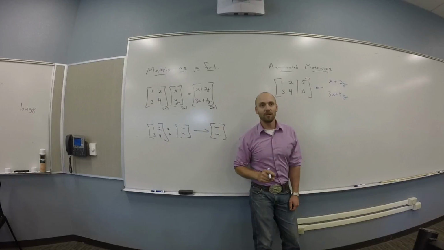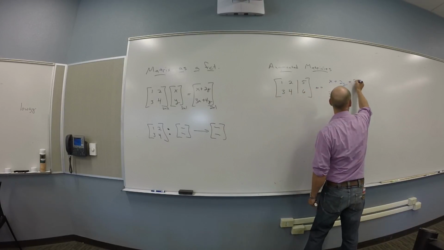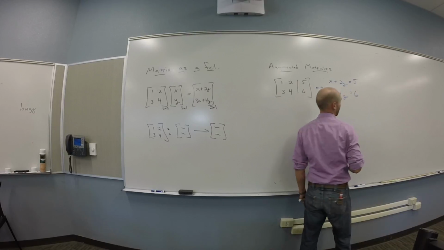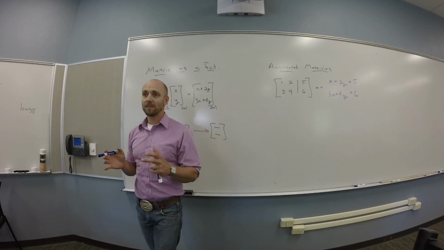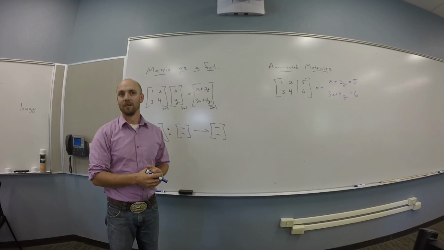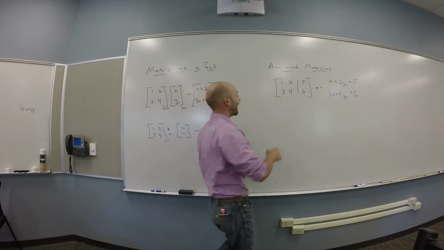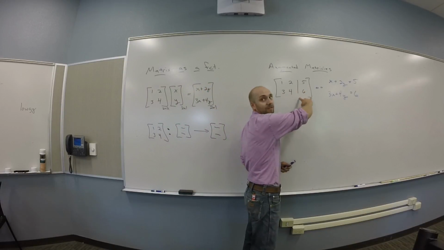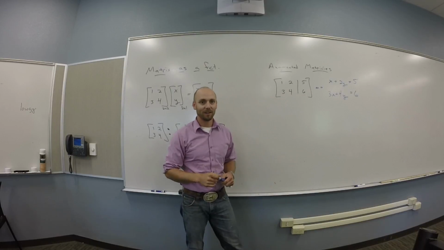And these are going to equal what? 5 and 6. Okay, see that? So an augmented matrix is just a fancy way of writing down a system of little equations. Augmented means added to. So here I'm adding to this matrix by this vector. Yeah, kind of enhanced, right?